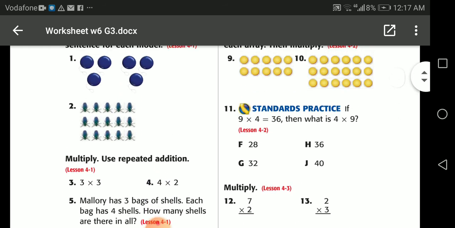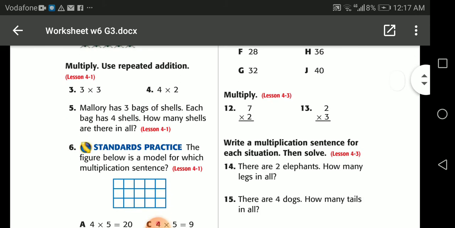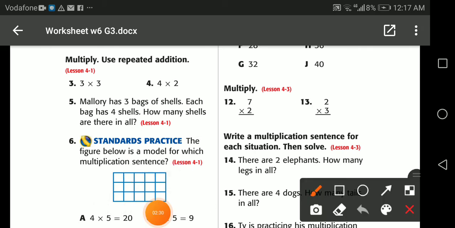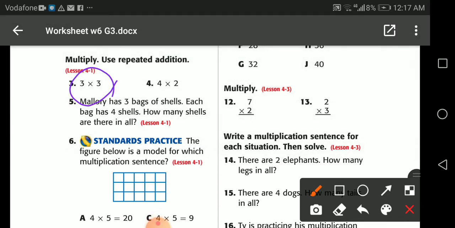Okay, and if it asks me here to multiply using repeated addition, I have here 3 multiply 3, using repeated addition. This means that 3 is repeated how many times? It's repeated 3 times.